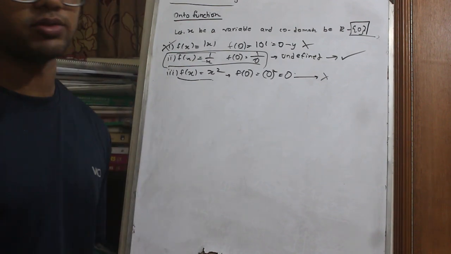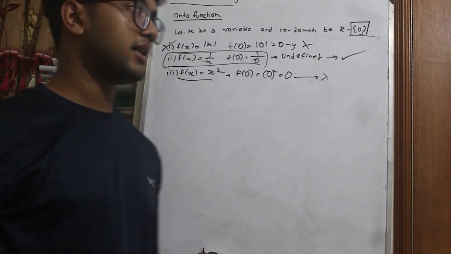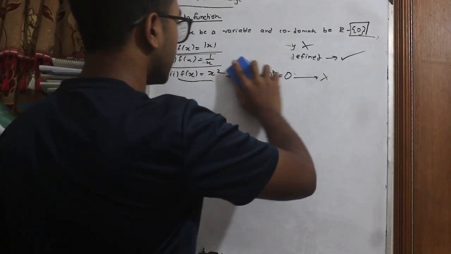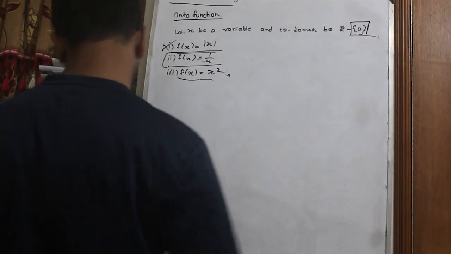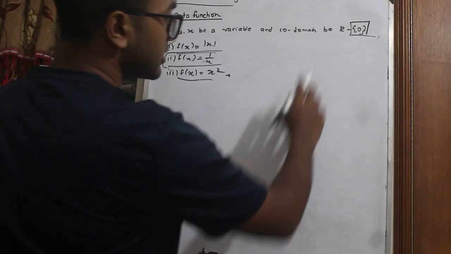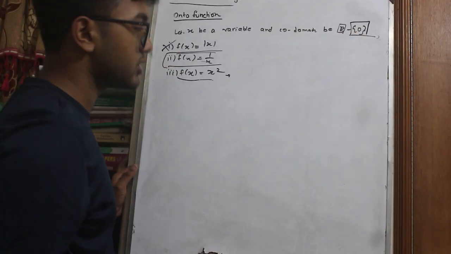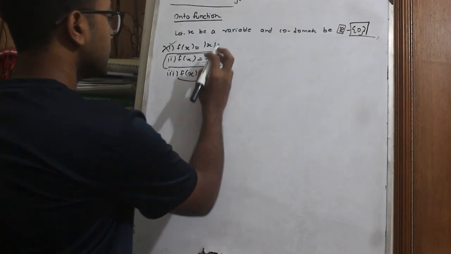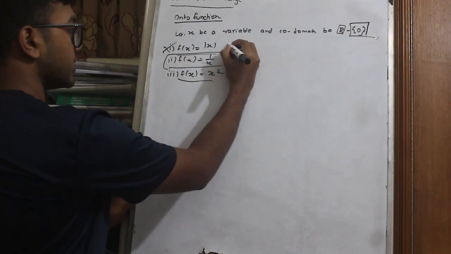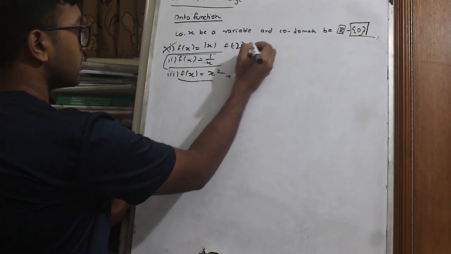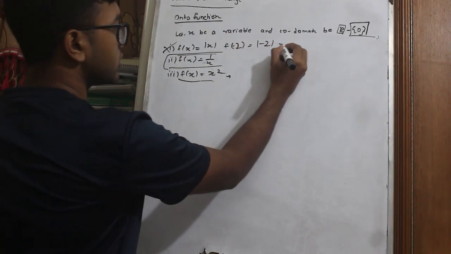That's the easiest way to do it, but if we want a bit harder, more general way, we can verify it by this. What's the codomain? It's all real numbers minus 0. But in our first case, if we put f of, let's say, minus 2, we get absolute minus 2, which is 2.